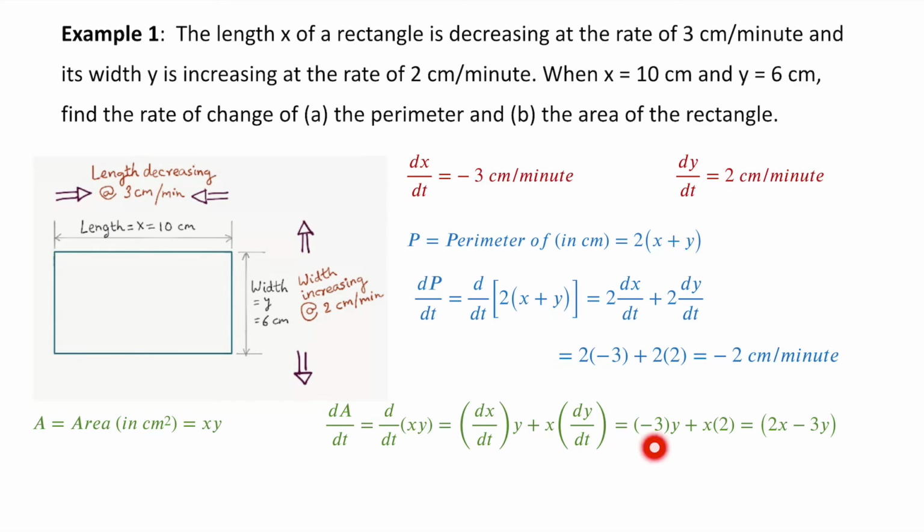We know that dx/dt is minus 3, times y, plus x times dy/dt, which is plus 2.